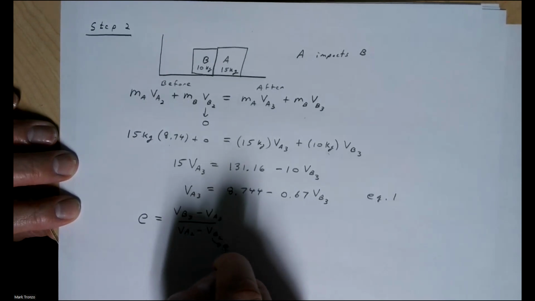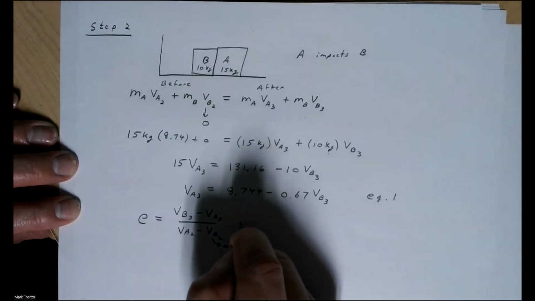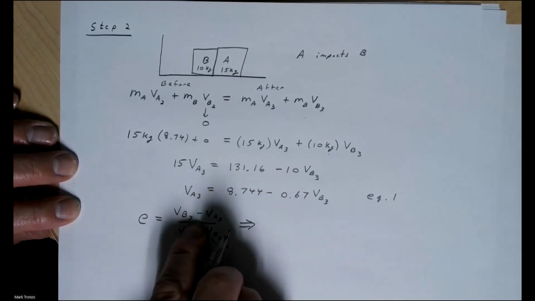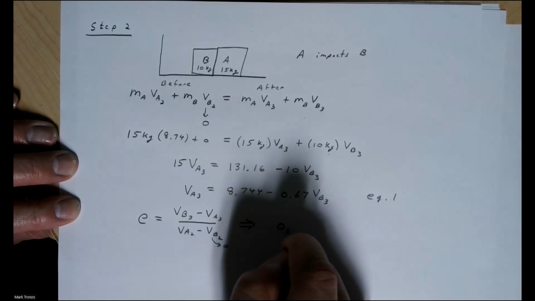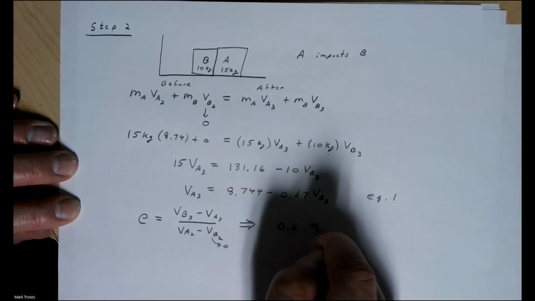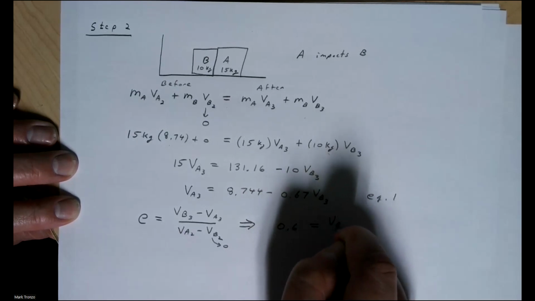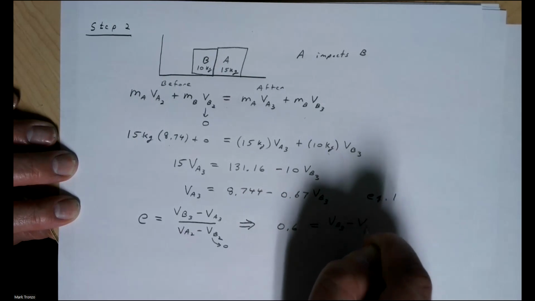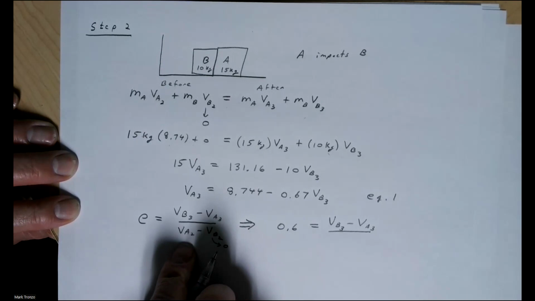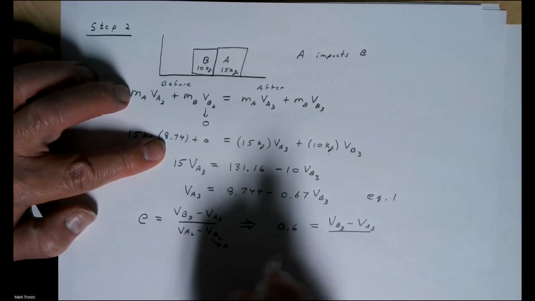And of course, this one's going to be 0. And so if we plug in all the numbers here, the coefficient of restitution was 0.6. And we're going to get VB3 minus VA3 divided by VA2, which was just before impact. And we know that that was 8.74.